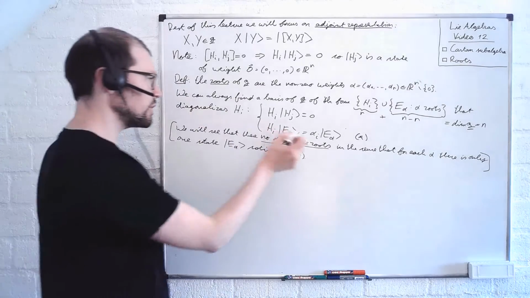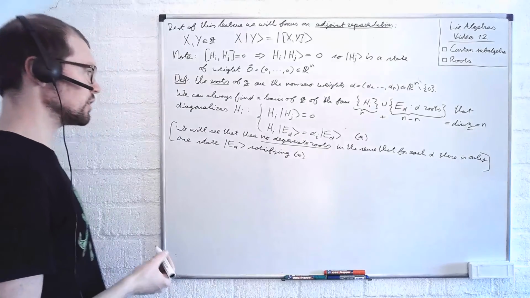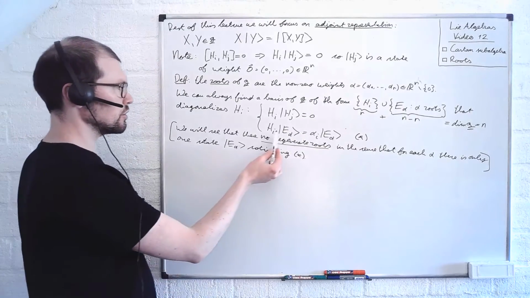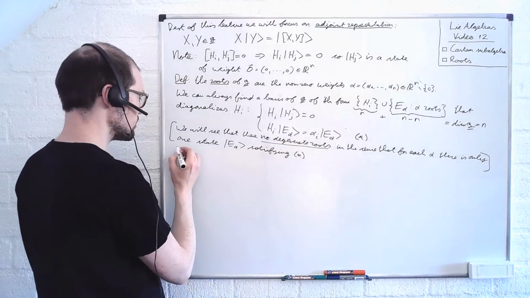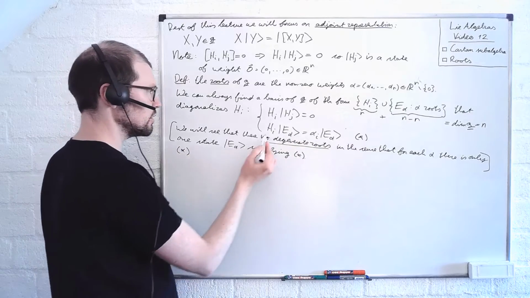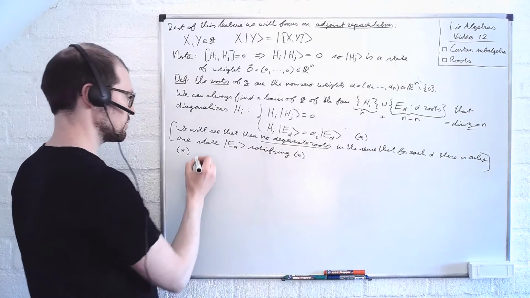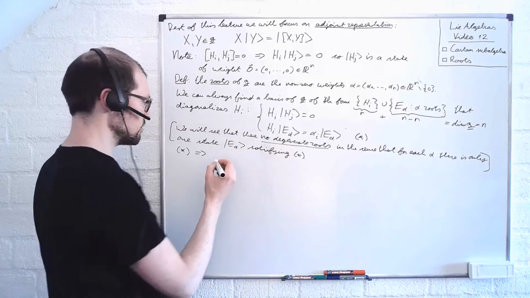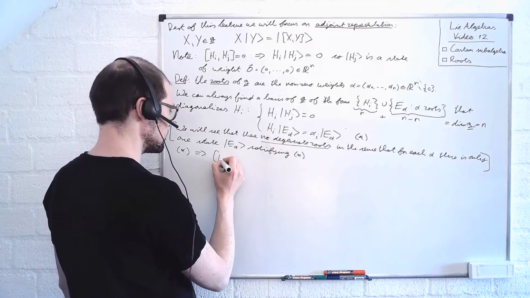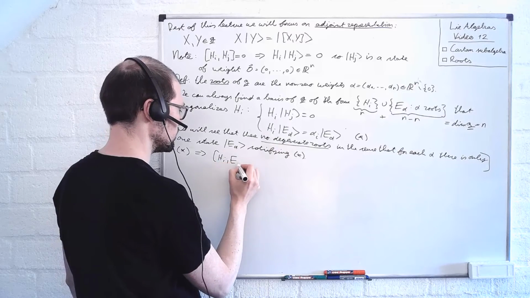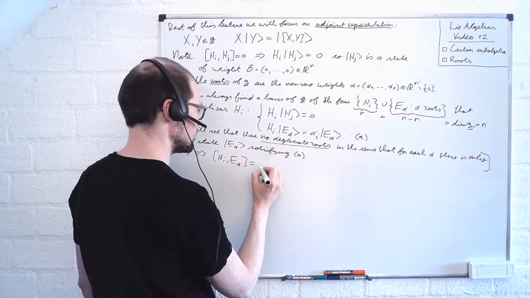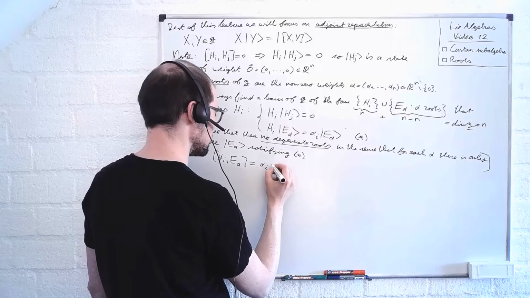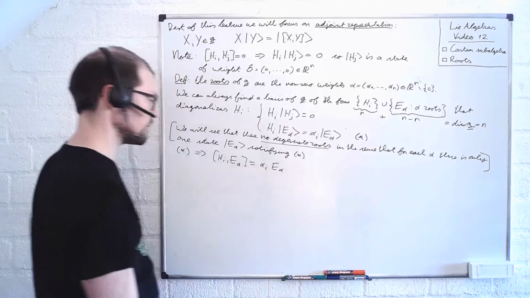And let's give some interpretation to these states E of alpha. So what does this condition mean for the commutator of Hi with E of alpha? Well, this action is just a commutator, right? So this is saying that Hi commutator with E of alpha is alpha i E of alpha.